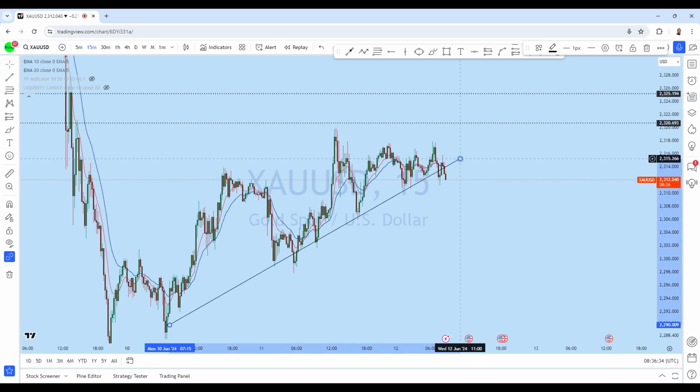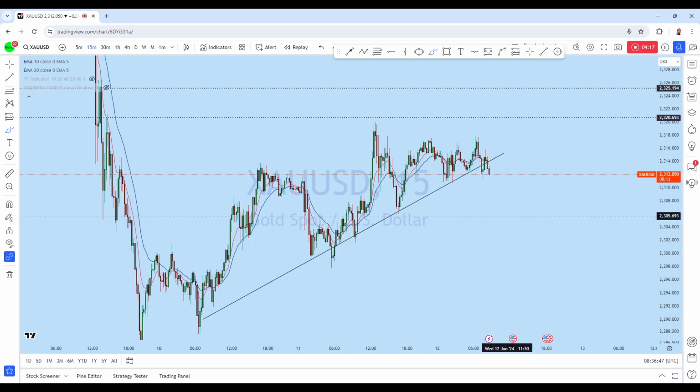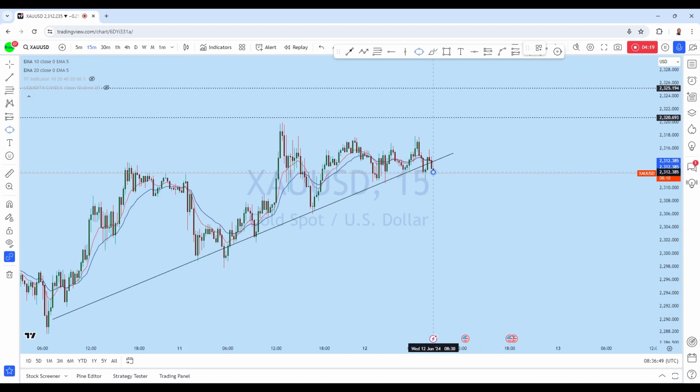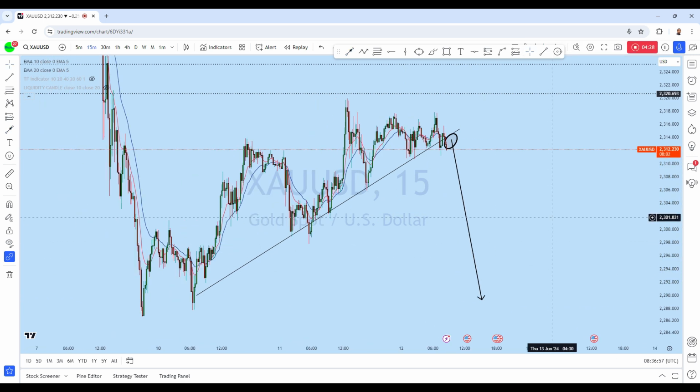As you can see, this structure has broken completely, and I'm expecting it to pull back to the upside again, and then confirm a change of trend from this uptrend to a downtrend. As soon as you find a suitable entry on gold, we will be looking at going short with a high probability trade setup.